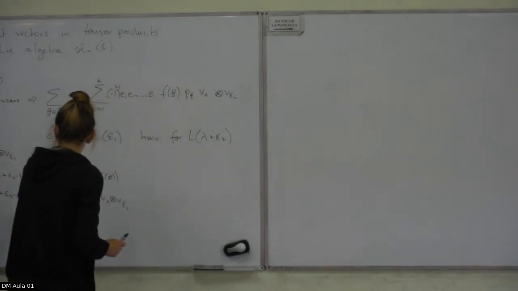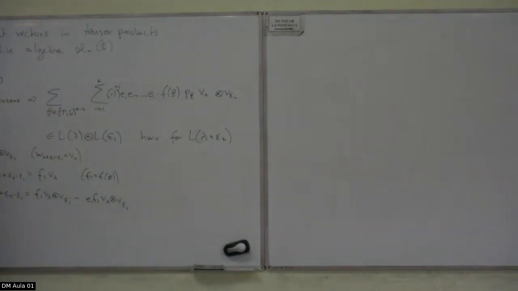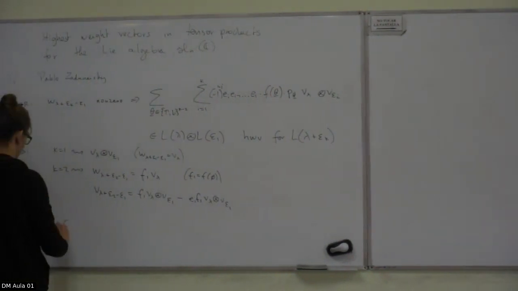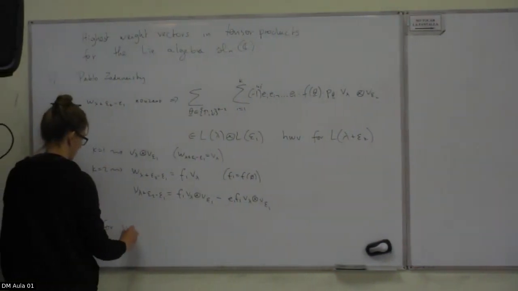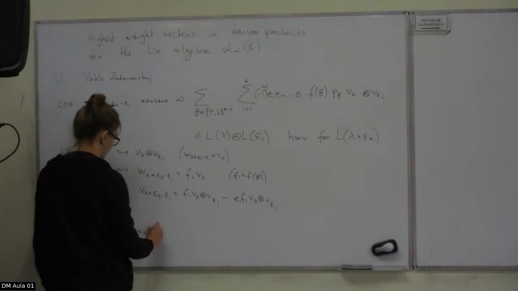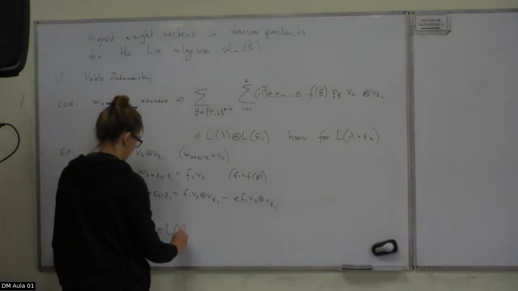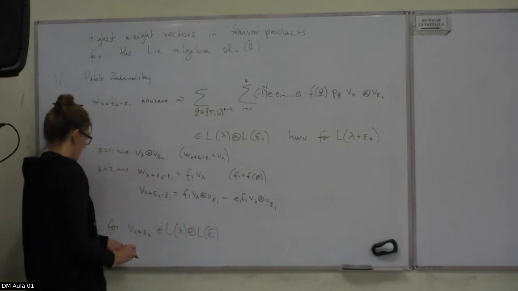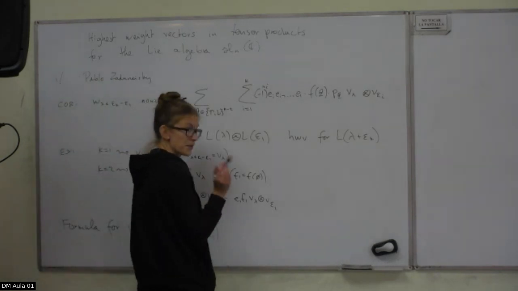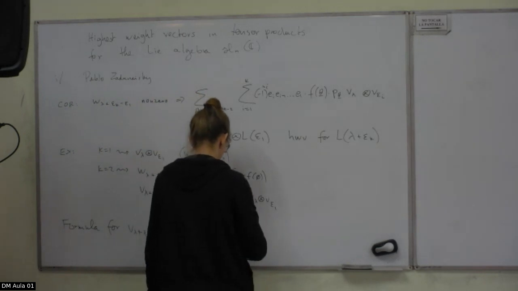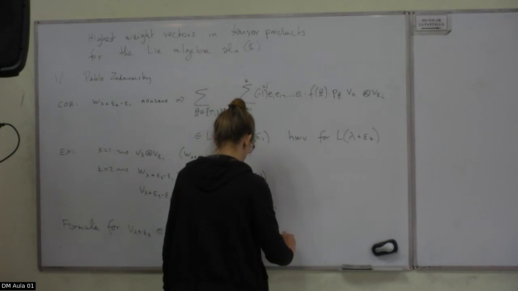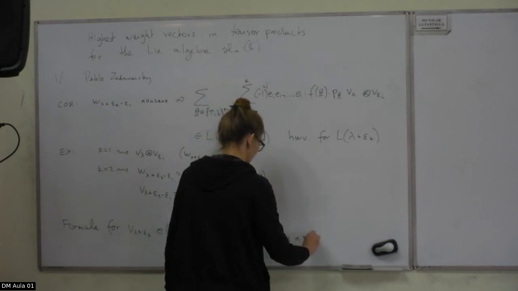So this here, the formula for lambda plus epsilon k inside R lambda epsilon 1, allows a recursion in theory, so in theory allows a recursive description. That's it.